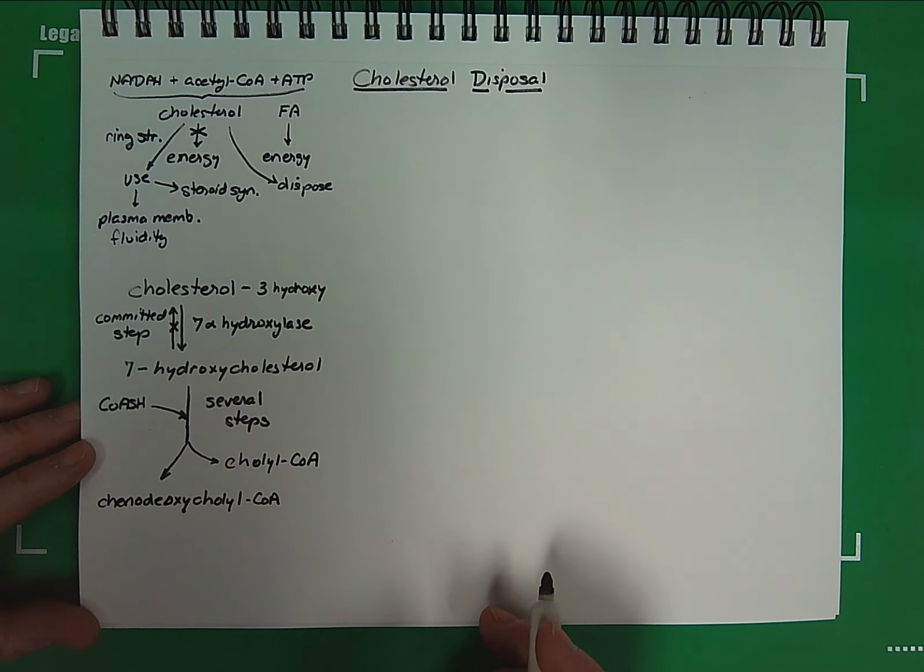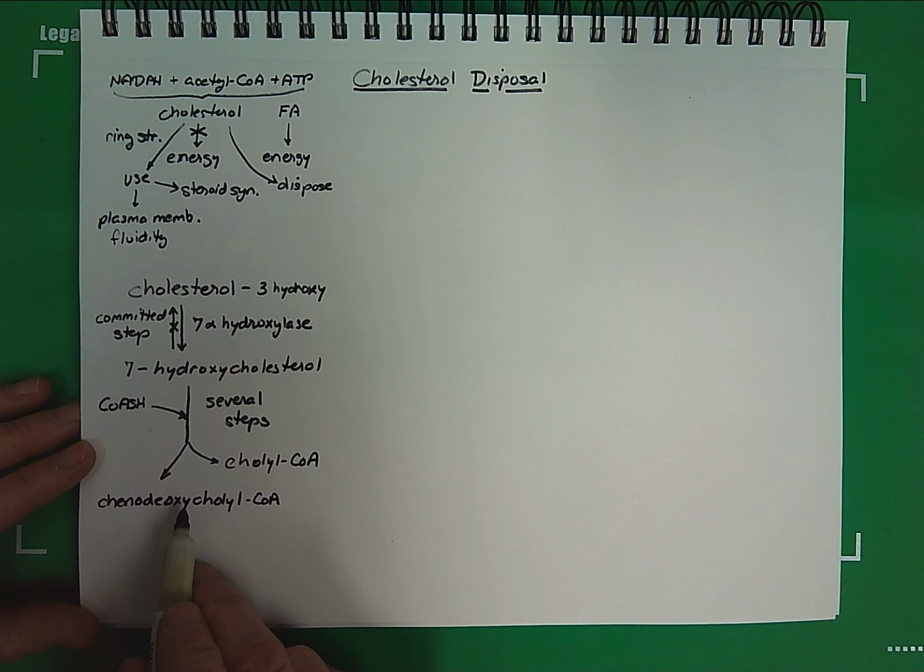The only difference between these two structures is one hydroxyl group. The cholyl group has a third hydroxyl group in addition to the number 3 and number 7. The chenodeoxycholyl lacks this hydroxyl group and only has hydroxyl groups on 3 and 7. The differences in structure and properties of these is not that important, but just know that these are the two products, intermediates of cholesterol degradation.